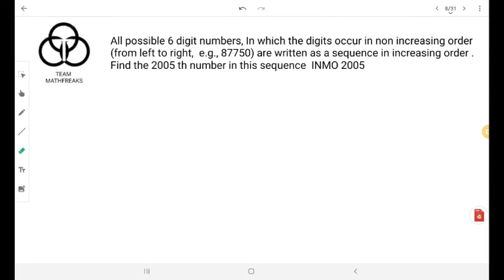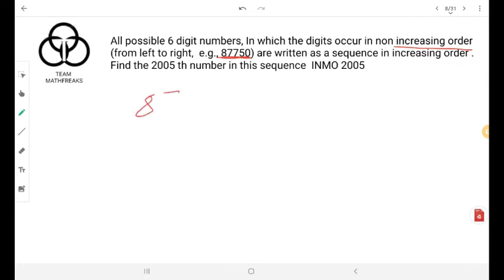All possible 6-digit numbers in which the digits occur in non-increasing order from left to right, in other words decreasing order, are written as a sequence in increasing order.